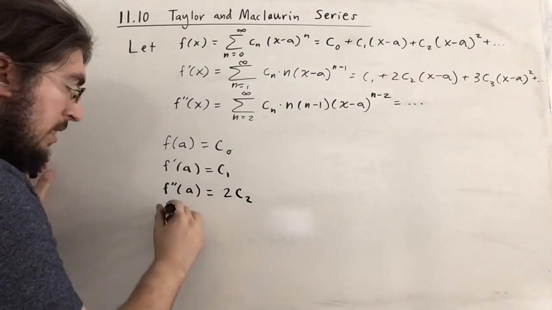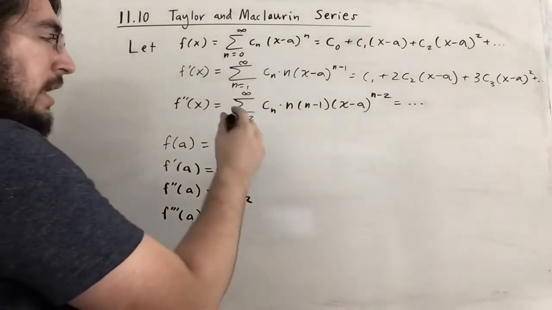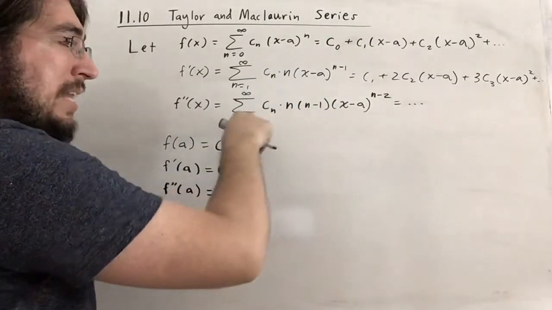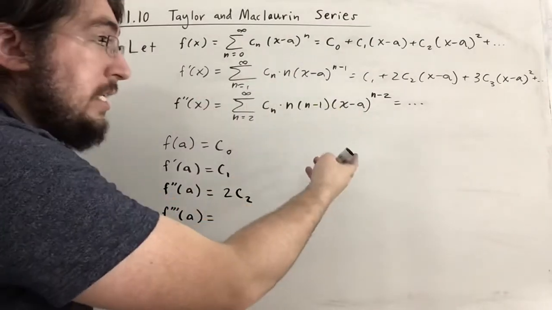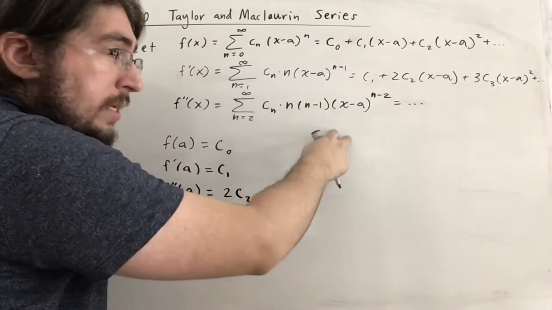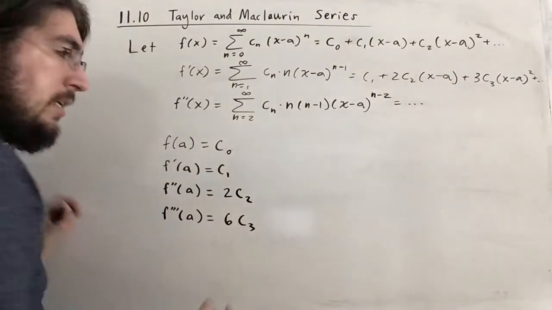Similarly, if you were to take the third derivative and evaluate it at a, you will get something kind of similar, only you get an n minus 2 coming down now, and then we start at 3. So if you plug in 3, you'll get 3 times 3 minus 1, which is 2, times 3 minus 2, which is 1. So 3 times 2 times 1 is 6, so 6c3, and so on.